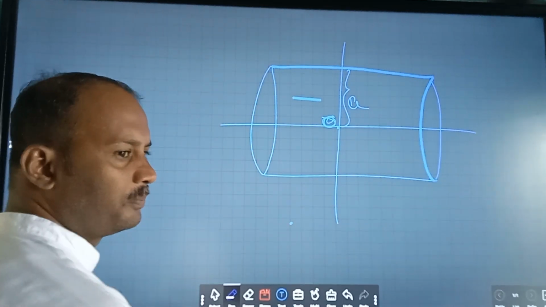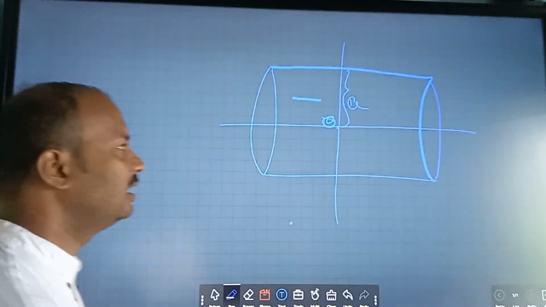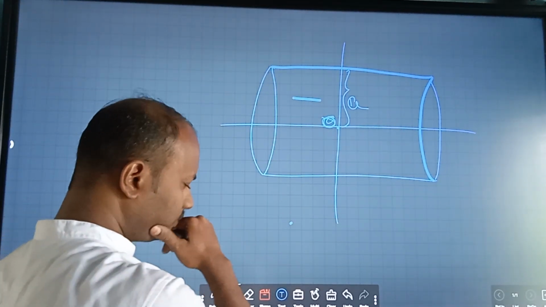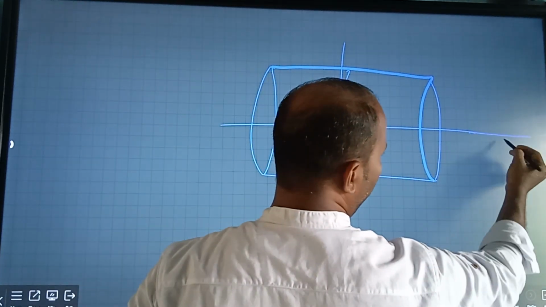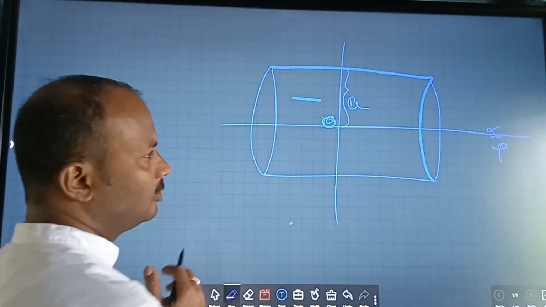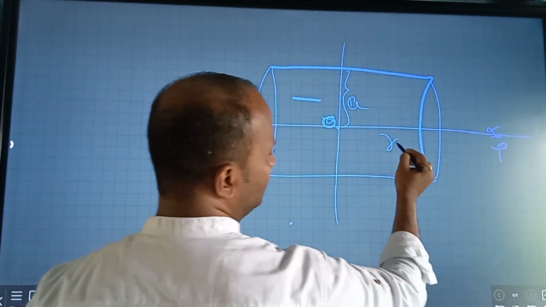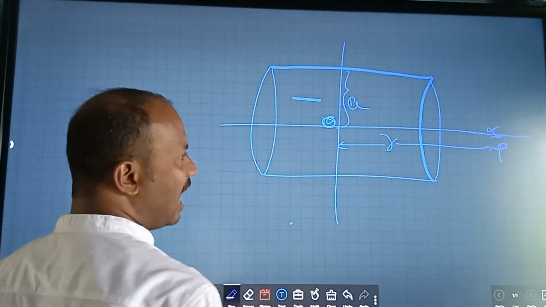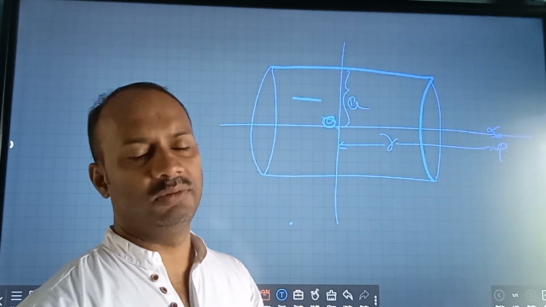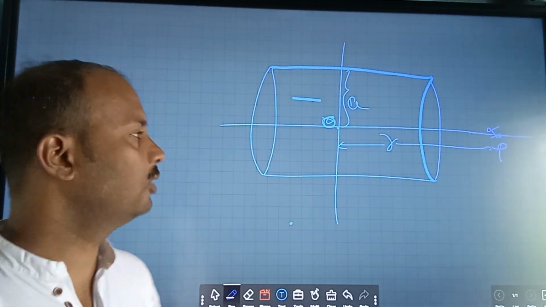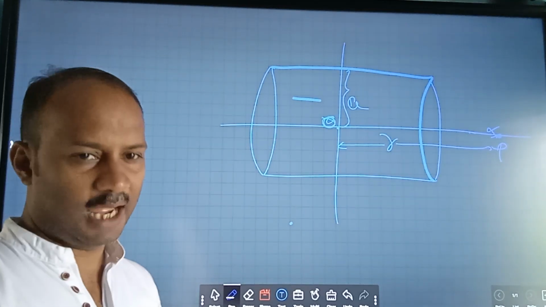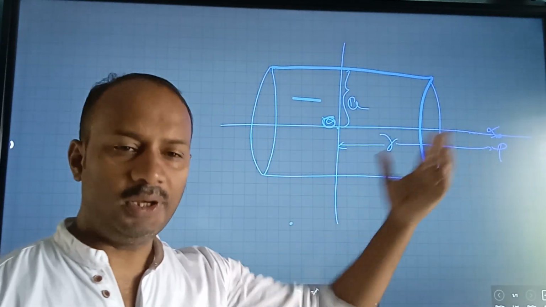We assume the radius is A. So let P be any point at a distance r from the center. We have to find out the magnetic field at the point P.